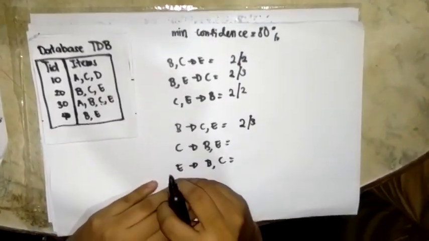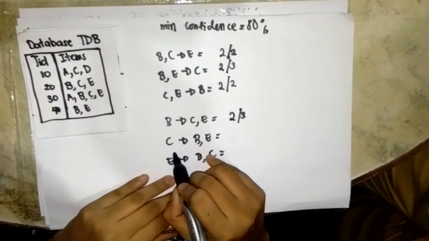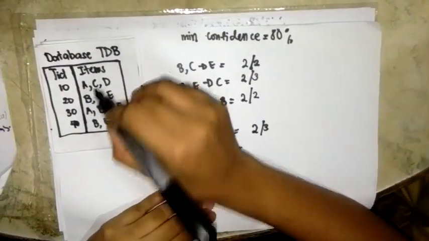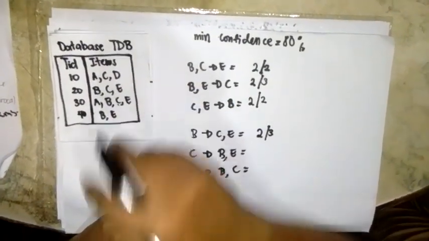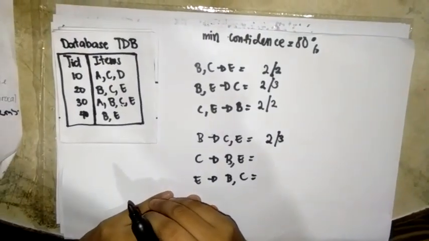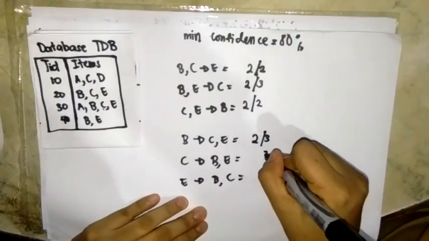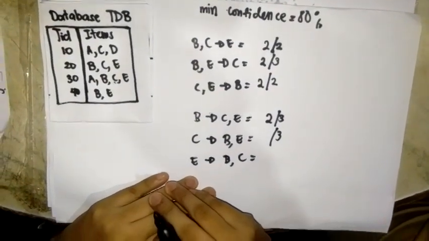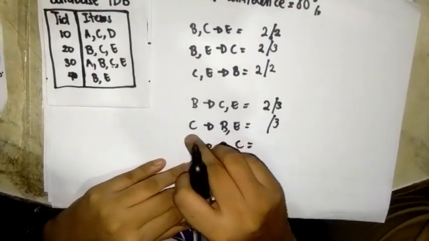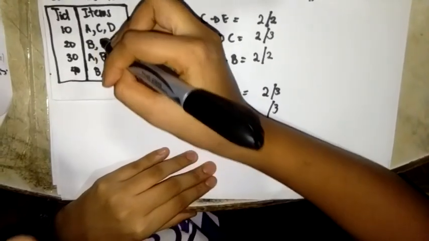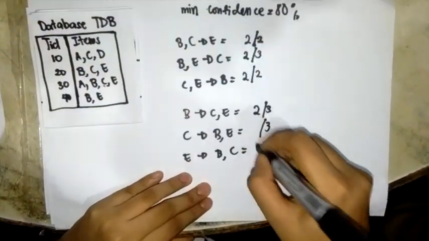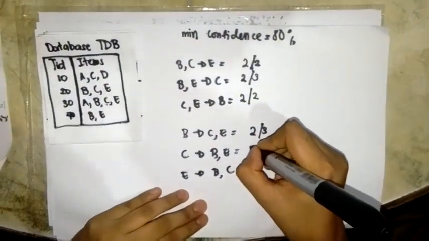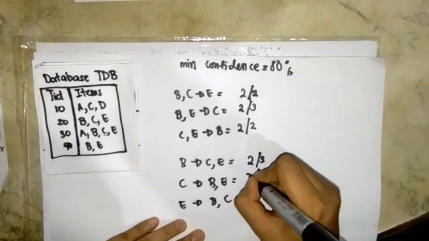How many C in the transaction? We have 1, 2, and 3. So let's put the answer on the right side. So how many BE in C? So we have 1 and 2. So let's put the answer on the left side.